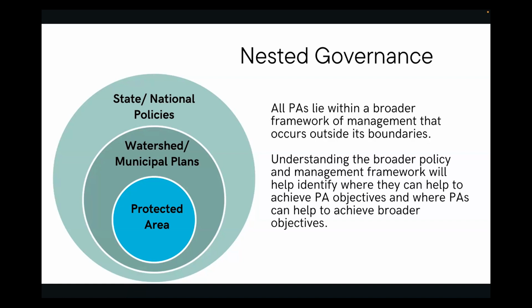So understanding these broader policies and management frameworks will help you identify where these activities may be needed to help you achieve your objectives, or they might help you address some external threats, or where they can do complementary activities and where you can support those broader management objectives. So we'll look at some examples of this.